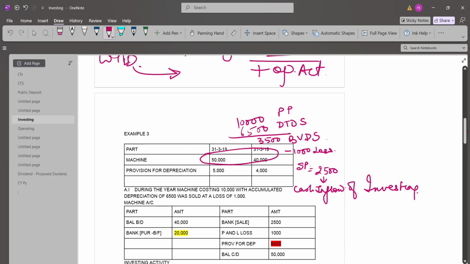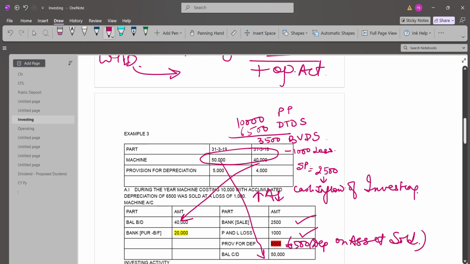Let's look at the asset account, the machine account we are preparing. Previous year balance comes on this side as opening. Current year balance comes as closing balance. This calculation which we made, sale comes on credit side. Loss also reduces the asset. These are asset decreases, and debit side increases will come. Provision for depreciation 6,500. This is depreciation on the asset sold by us.